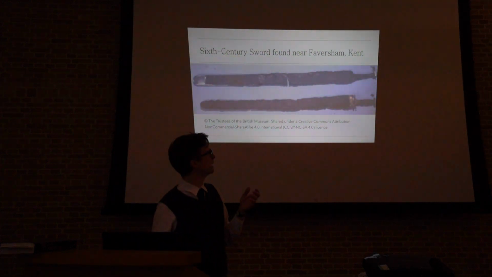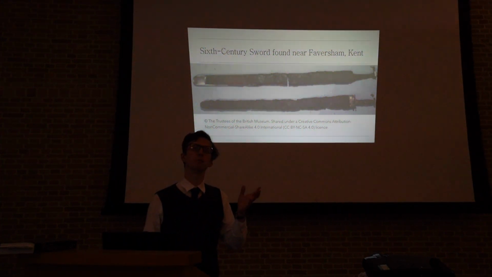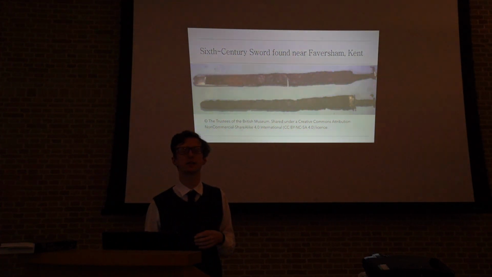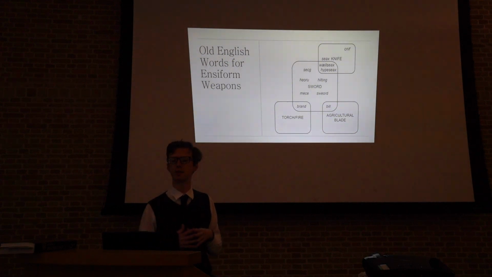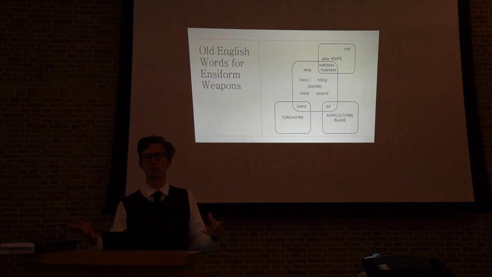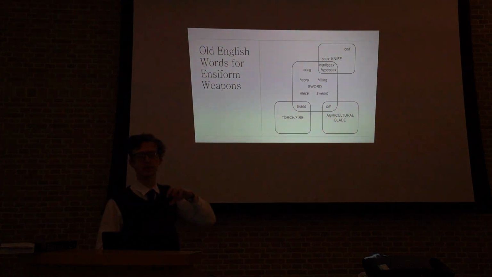So they mean objects roughly like that. They might be pointed, they might be more or less pointed on the end. The exact size and shape varies a bit, but that kind of object. Those could be denoted by swerd, which obviously gives us modern English sword, but also a variety of other words in the centre there.